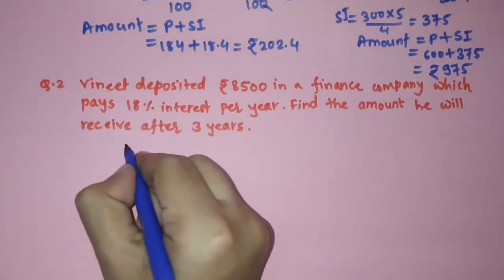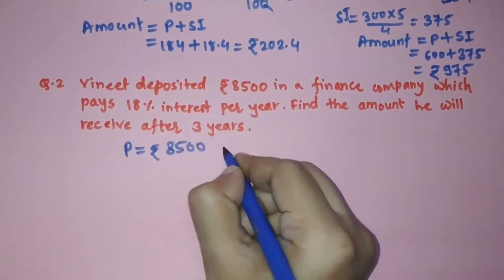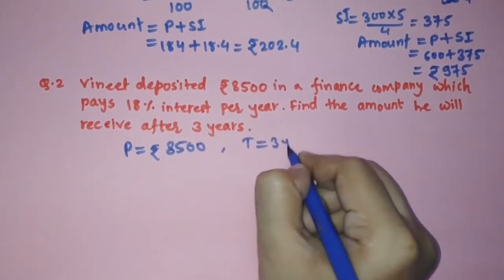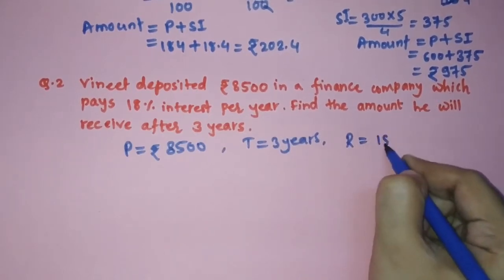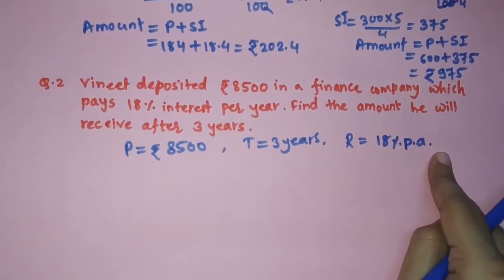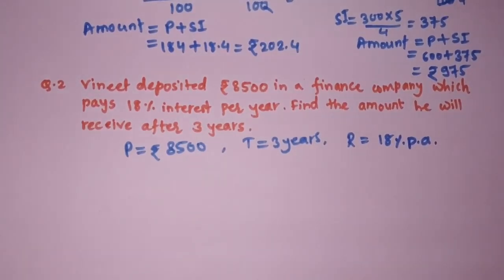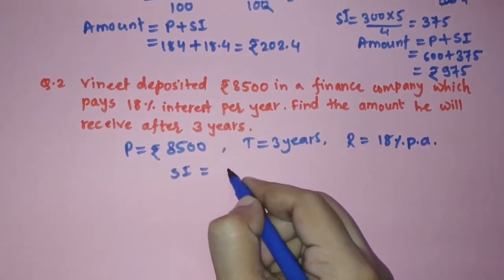So here we'll start. Principal is here 8,500 and the time duration is given as 3 years and the rate of interest R is 18% PA. PA refers here to percent per annum. So just find out the simple interest first. How much extra money he is going to earn.